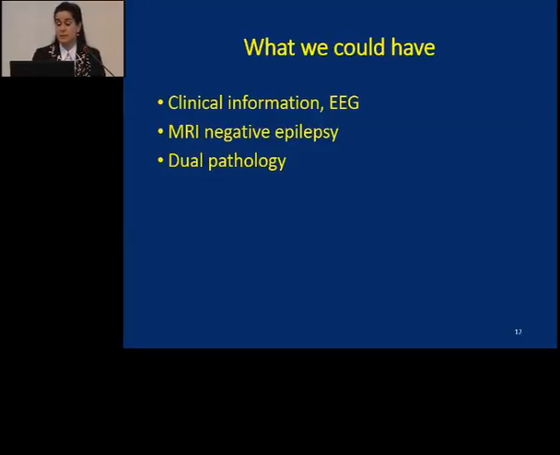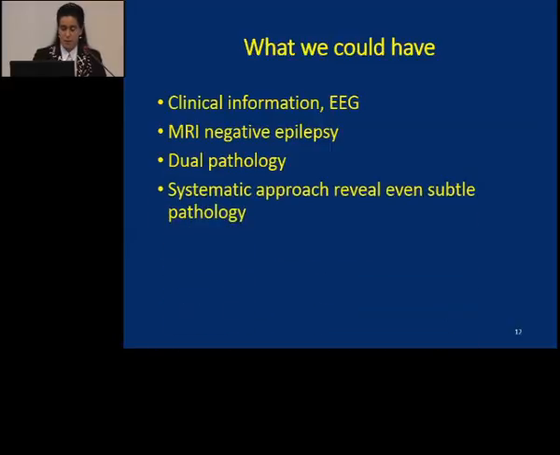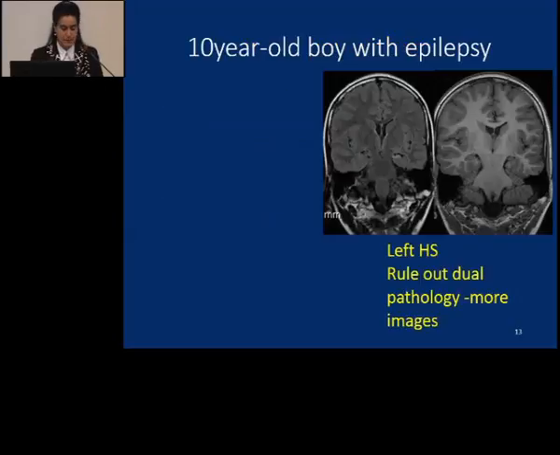But unfortunately, it happens that we can have MRI-negative epilepsy. And also, we should be aware of the problem with dual pathology. Fortunately, we can apply this systematic approach, and by doing this, we can reveal even very, very small and subtle pathology. And it's good to make a structured report.